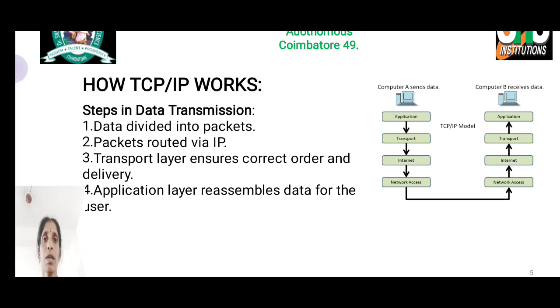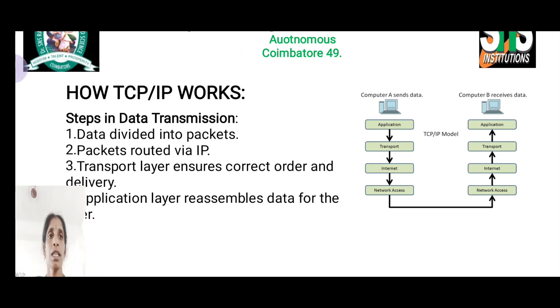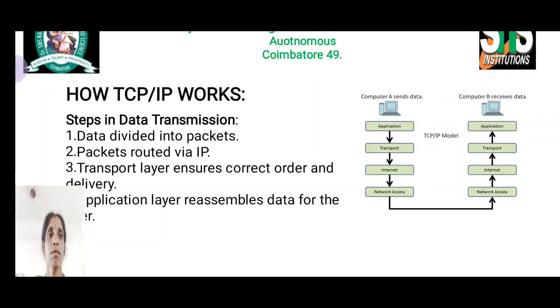How will TCP and IP work? In this layered architecture diagram, computer A is the source machine, and it has four different layers: application, transport, internet, and the network access layer. The application layer will forward the packets to the transport layer. After that, it will forward to the internet and network access layers. The bottom layer is the network access layer.